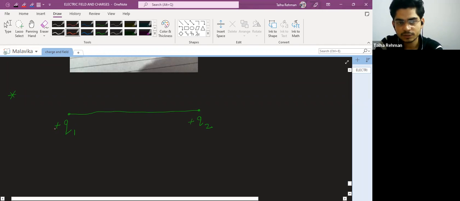Due to this, the charge will experience some force. The direction of this force is like this, and I will give the name of this force.